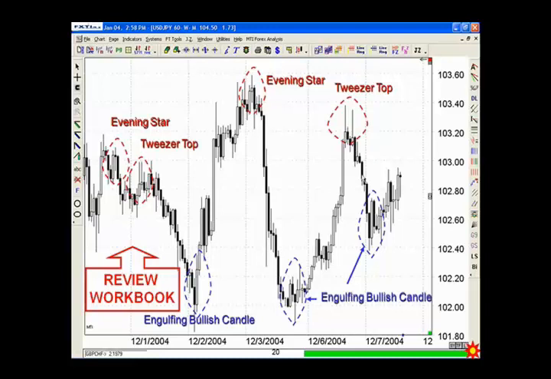Just like here, the market was going down, and then we had a bullish candle, a white candle covering a black candle, telling us the market wanted to go up. Now here's a good example of an evening star I would consider. Put it up here. It is, for example, a bullish candle, and it's also a morning star, and then we had an evening star following it.